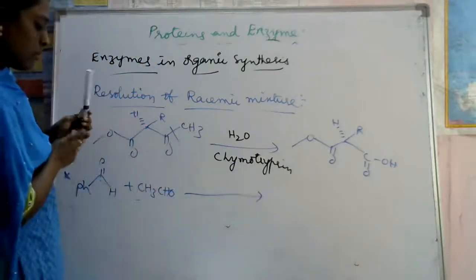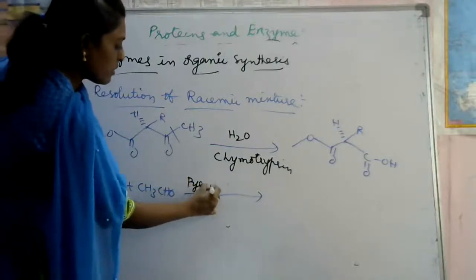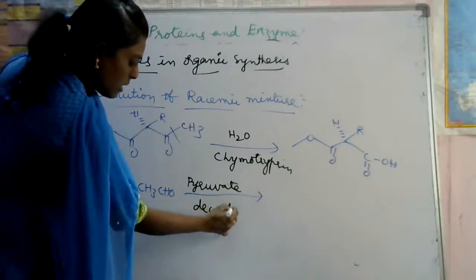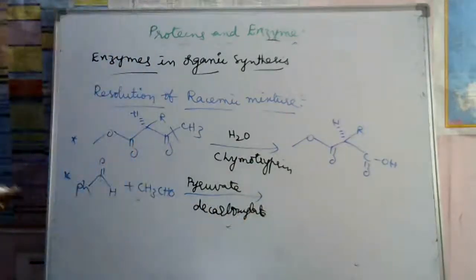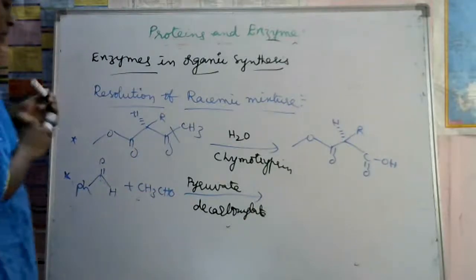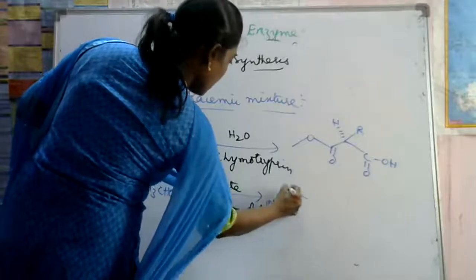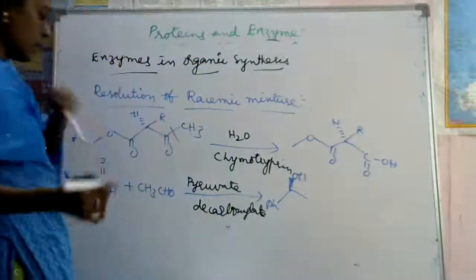We have to use pyruvate decarboxylase. This will remove the CO2 and form the product. This becomes an OH group.